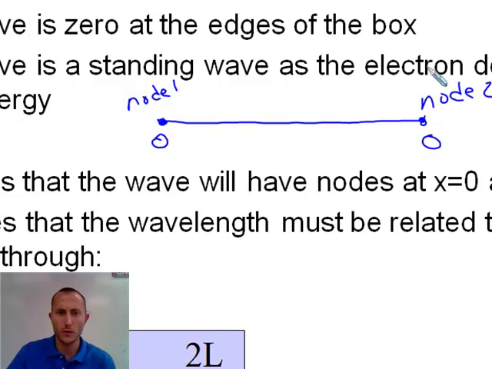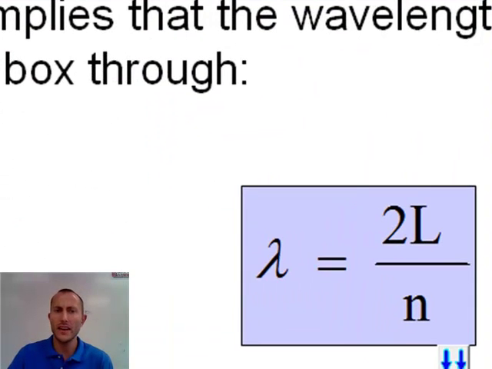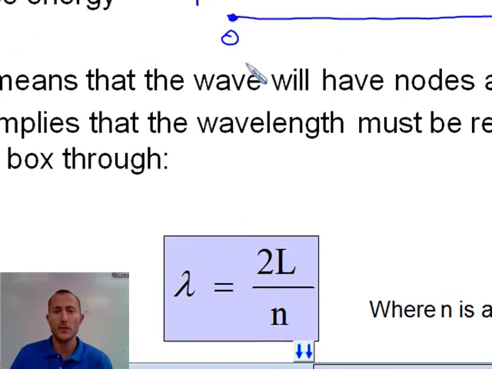node 2. And so this then tells us that the wavelength must be somehow tied to the length of the box. And the equation that relates it is lambda equals 2L over n, where n is again some whole number integer.